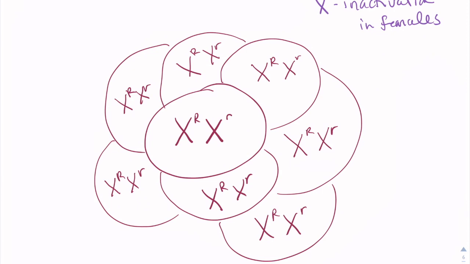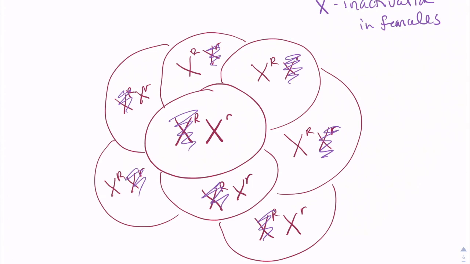It'll basically cover it up, shrivel it up. So let's say in this cell here, this one gets shriveled up. But in this one in the middle here, this one gets shriveled up. And just randomly, one of these gets covered up or inactivated in my mother-in-law's cells when she was at the 8-cell stage.